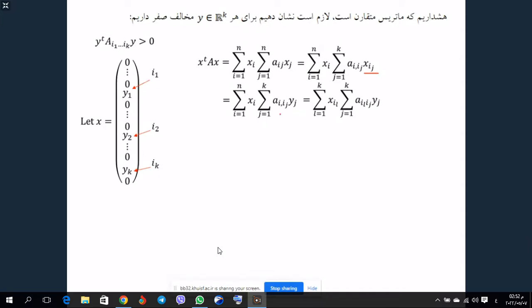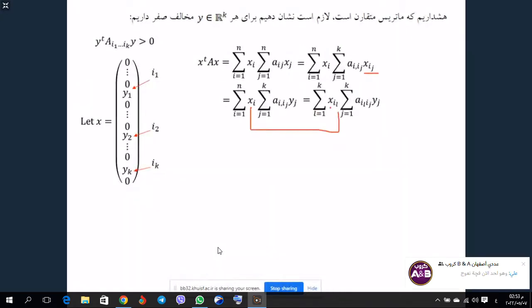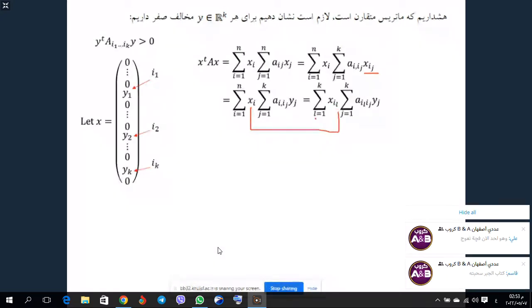We replace x_aj by yj, and if we do this multiplication, all of them is 0 except x_i1, i2, ik.